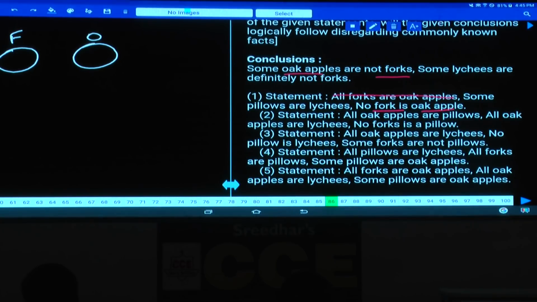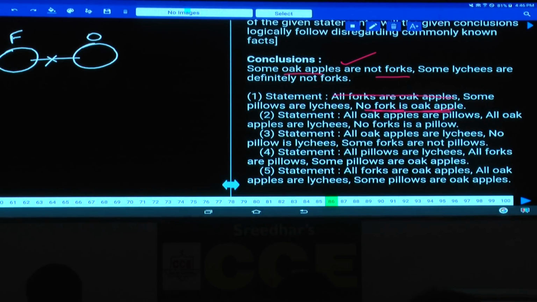From no A is B, no B is A is true. Some A's are not B's is true. Some B's are not A's is also true. Hence, with the statement alone, no fork is oak apple, I can definitely say that some oak apples are not forks. Because from no A is B, I can conclude no B is A, some A's are not B's, some B's are not A's.